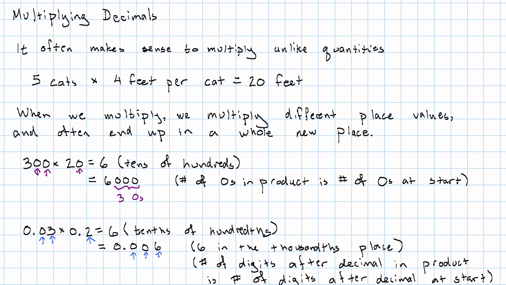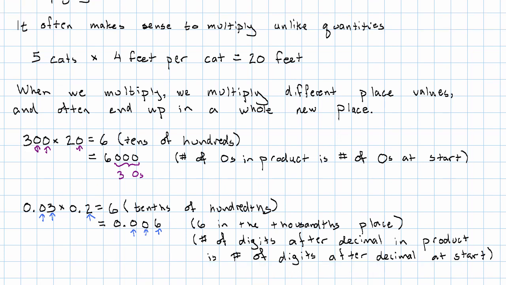So, when we multiply, in a sense, we also multiply the place values. For large numbers, that means the number of zeros in the product is the number of zeros we started with. For small numbers, the number of digits after the decimal point in the result is the number of digits after the decimal point that we started with.